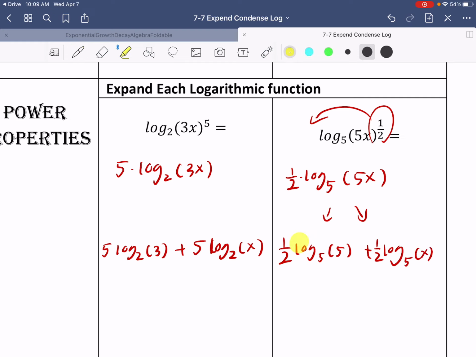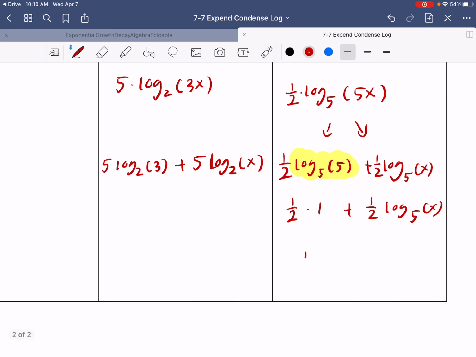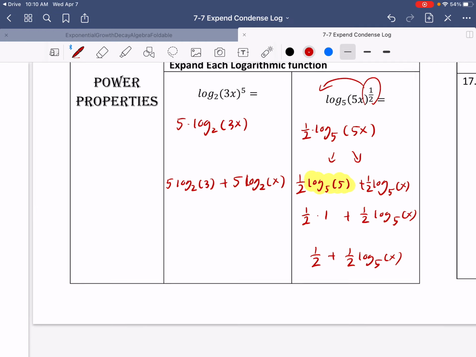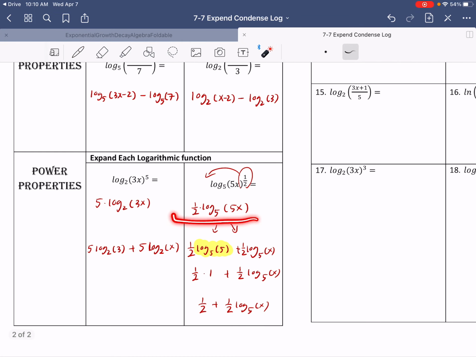And as you know, this one is equal to 1. So it's going to be 1/2 times 1 plus 1/2 log base 5 of x. This is the same as 1/2 plus 1/2 log base 5 of x if you expand everything. But if you leave it like this, I will still consider that an answer. You just have to know you can expand it like that.